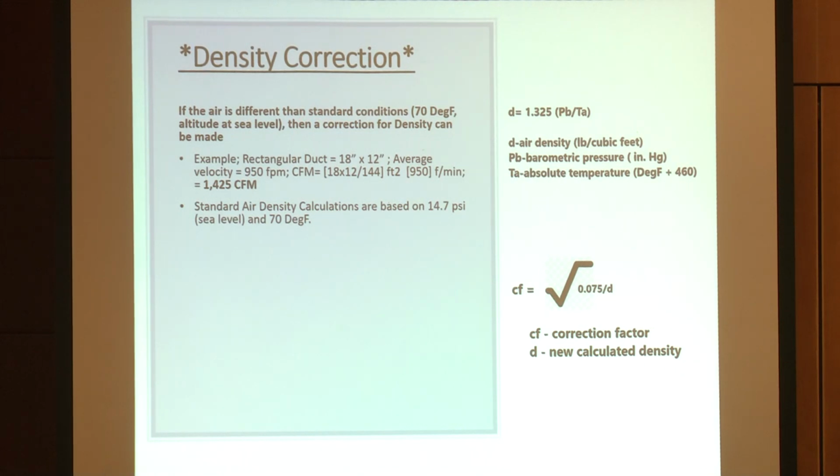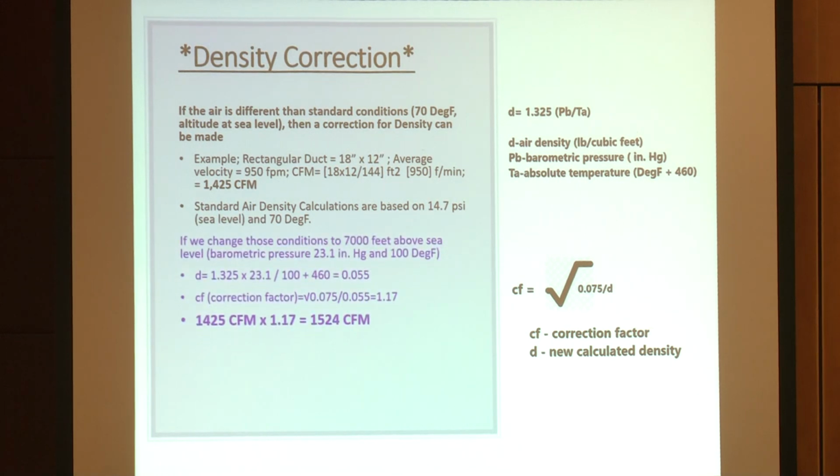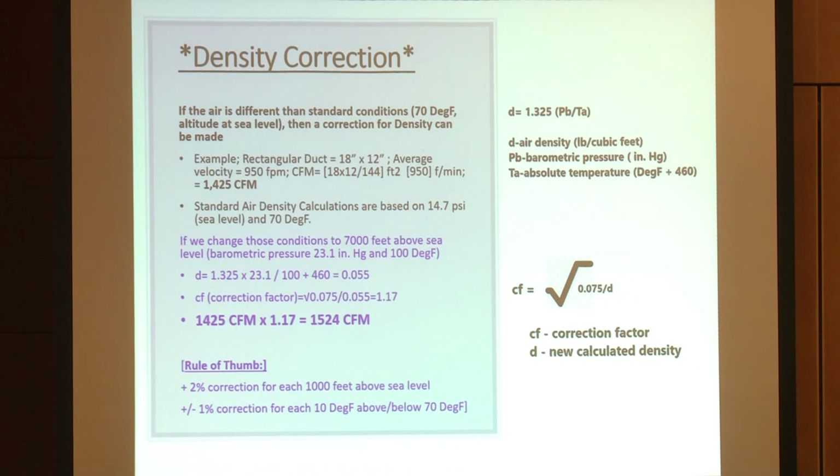So now every time you do a calculation, you have to make a correction for the density. Yeah, the formula is really simple, but you got to sit there and do that every time you make a calculation. So it becomes a little more difficult for those locations.